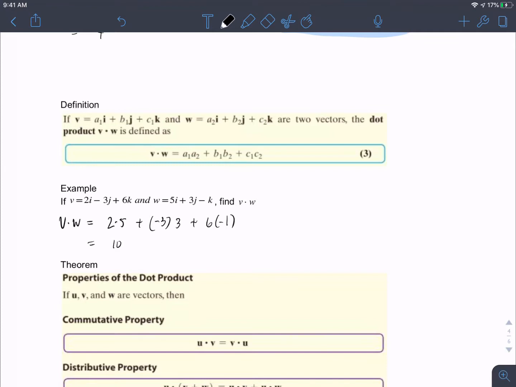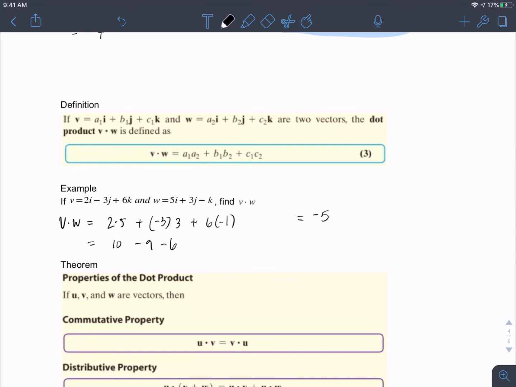That's going to give me 10 minus 9 minus 6, which will give me, let me make sure I get this right, negative 5 is the answer. Negative 5 would be the dot product of this.